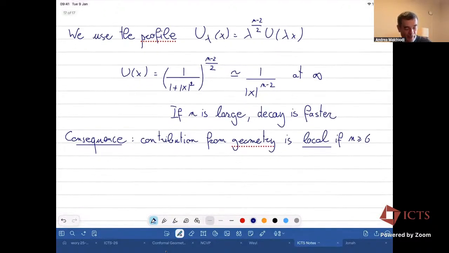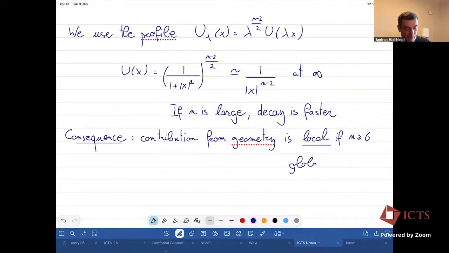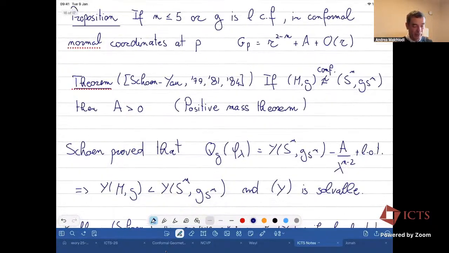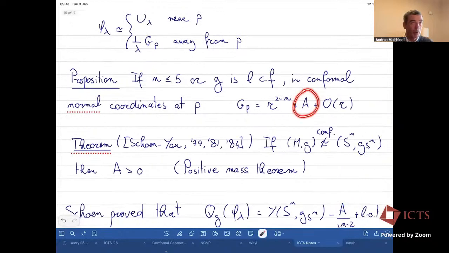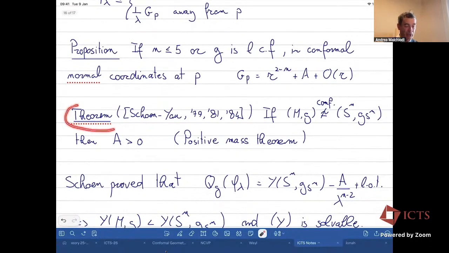But it is global if the dimension n is greater or equal than 5. So this number a that we saw, which enters in the expansion of the Yamabe energy, is not a local quantity, it's a global object. And that's why this case is more difficult. You cannot use those integrals, they are divergent. What enters in the expansion is some global quantity, which is more difficult to understand. And that's why this theorem by Shen and Yao is very deep.